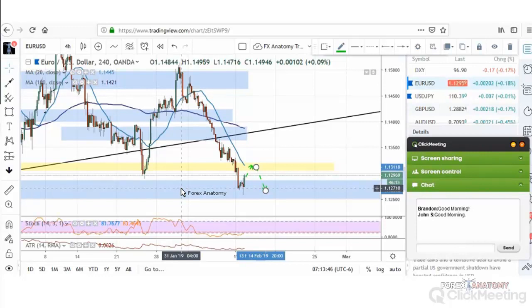Even some of this move lower wasn't due primarily to U.S. dollar strength, even though that was one of the chief drivers of the slide lower in the euro, but also due to euro weakness, because there are still political issues going on. Earlier we were hearing talks about Spain, how there may be snap elections if they don't get their budget to pass through.